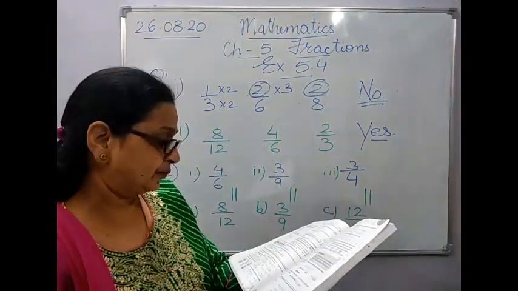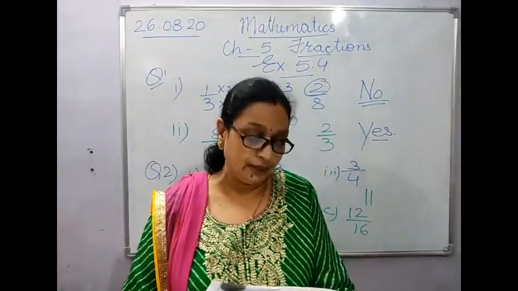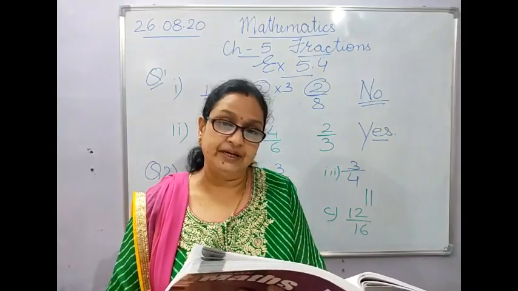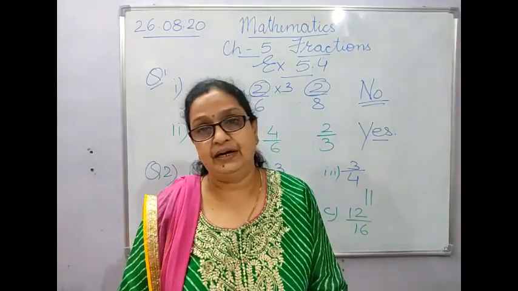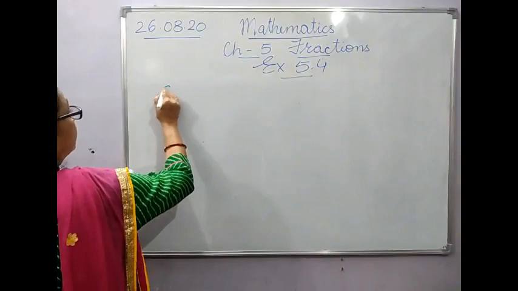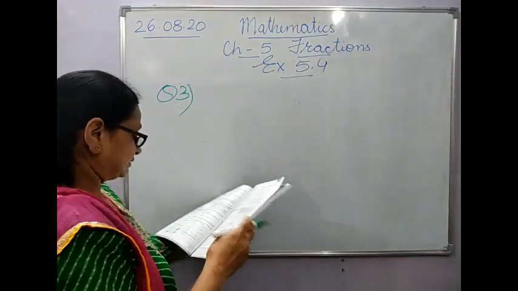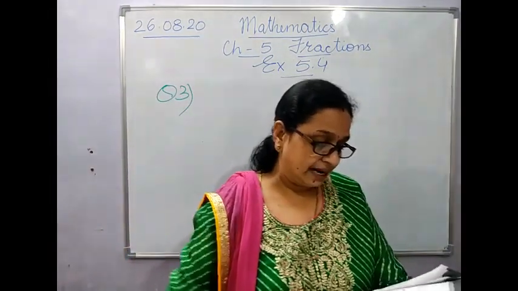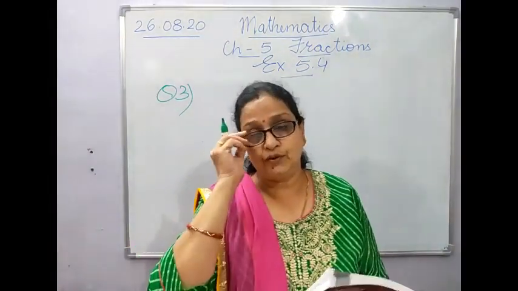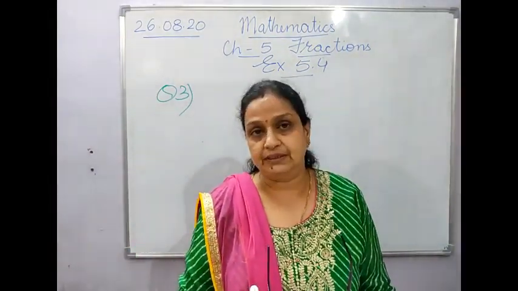Then question number 3. Put the sign in the boxes if the fractions are equivalent and not equivalent if they are not. See here, in this 8 sums are there. I'll be doing any 4. The remaining 4 you will be doing in your copies.